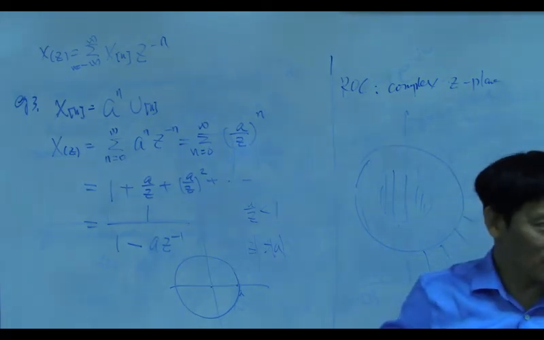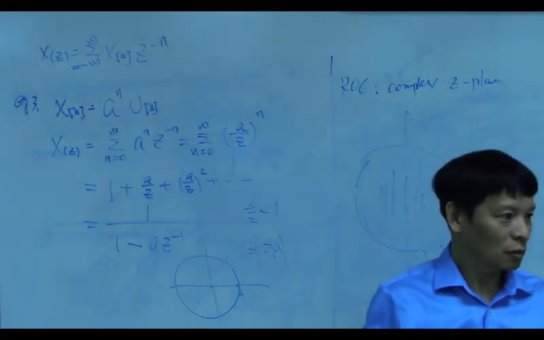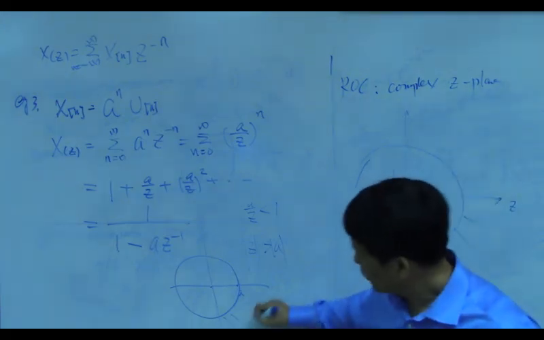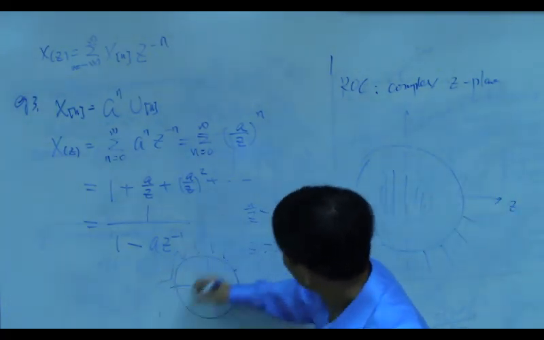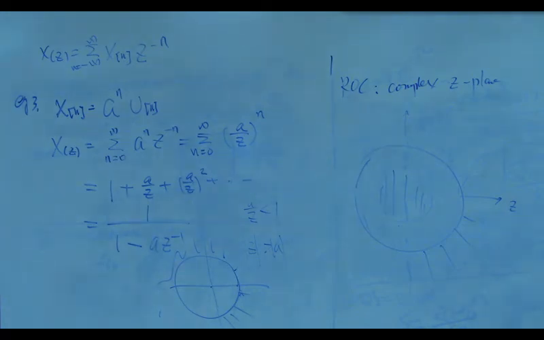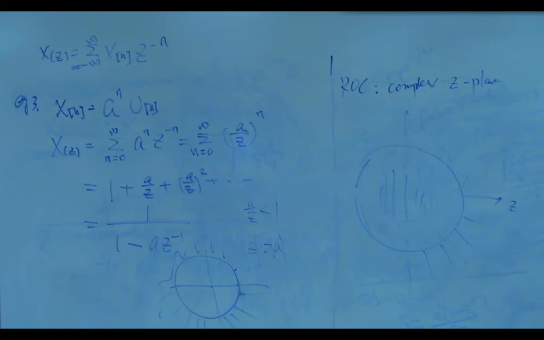Then where is the region of convergence? It can only be inside or outside. So in this case, outside, because z must be greater than a, so it must be outside. So the region of convergence is this one. If you draw this, it is here. Make sense?